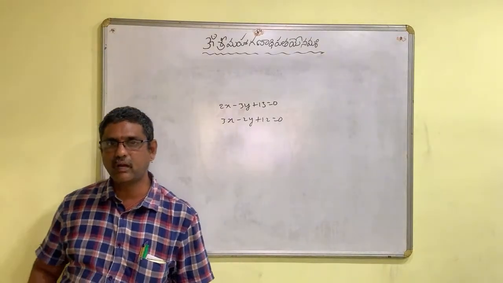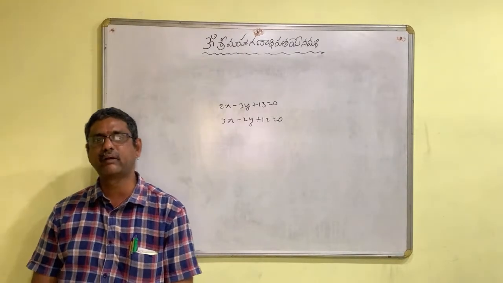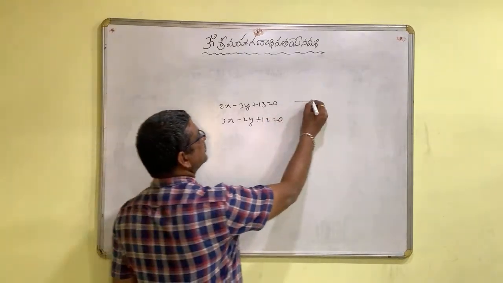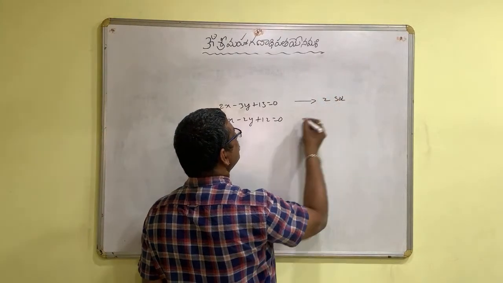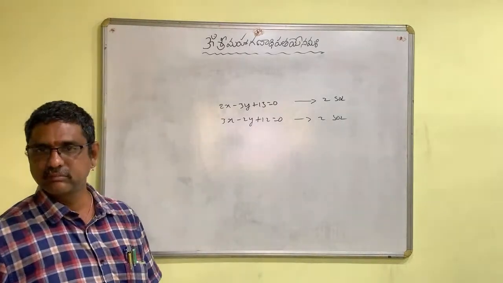Actually, children, we need to solve this problem by graph. Means we need to take two solutions for this and two solutions for this and plot them in the graph.